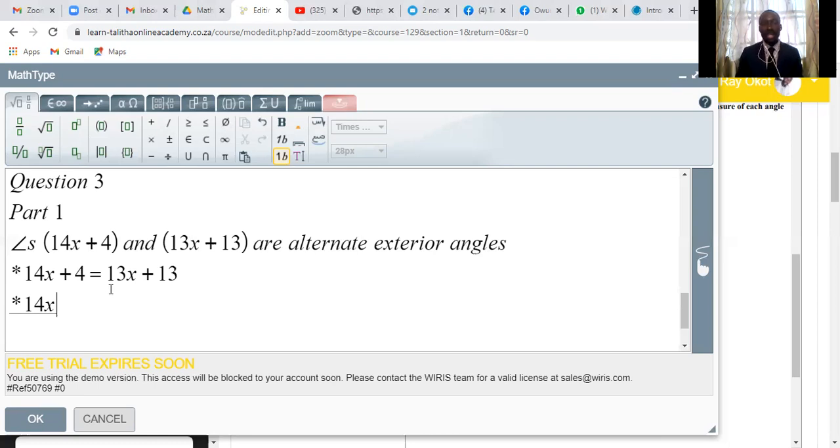Remember that 13x is on the right-hand side and it is positive, so when we transfer it to the left-hand side, 13x is going to be minus.